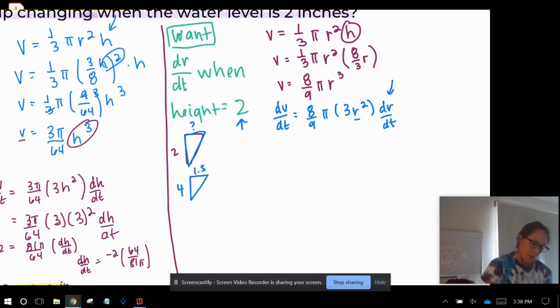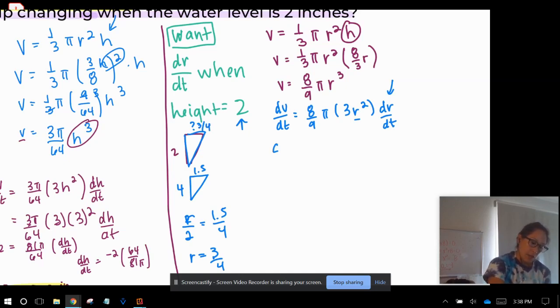We can always use a proportion. So the radius over the height is equal to 1.5 over 4. And then we'll just replace my known height with a 2. We solve, we get r is equal to 3 over 4, or 0.75, which makes sense. It's half of 1.5, 3 over 4.